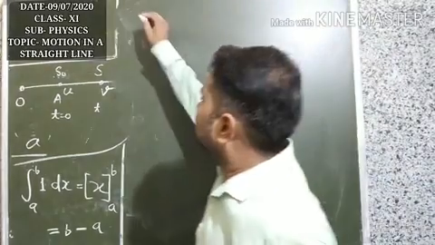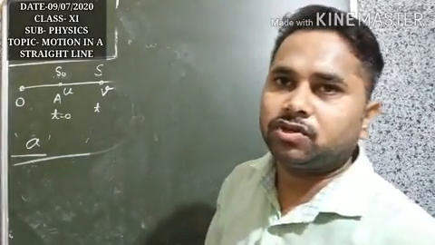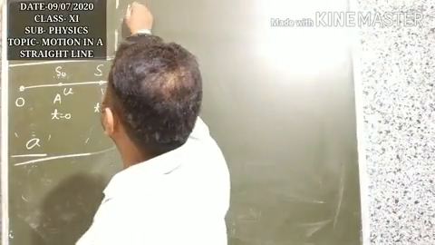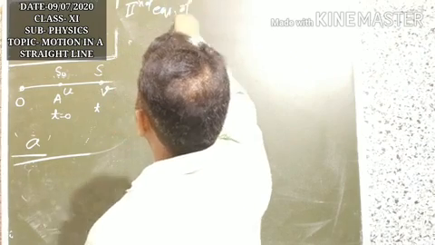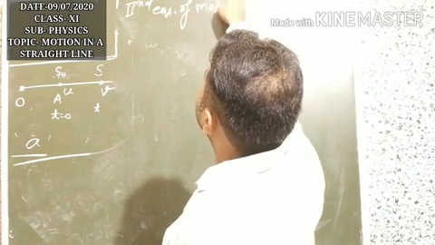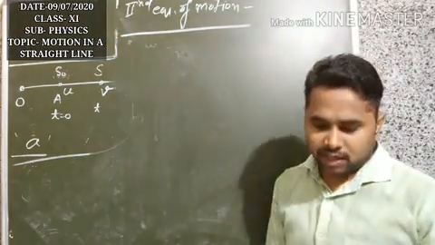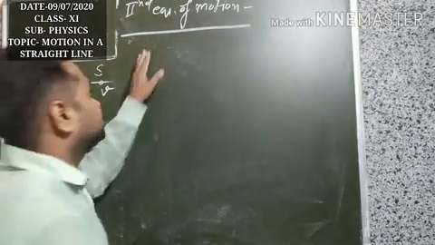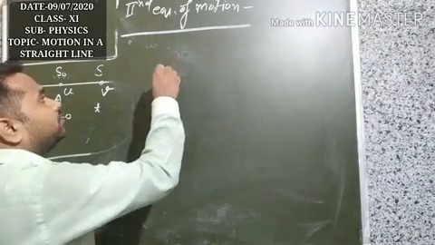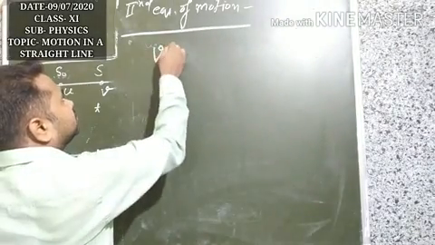See here, now for the second equation of motion. For starting the derivation of the second equation of motion, you should use the definition of instantaneous velocity.